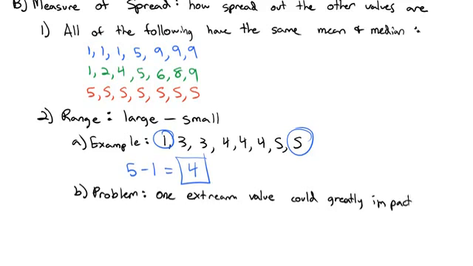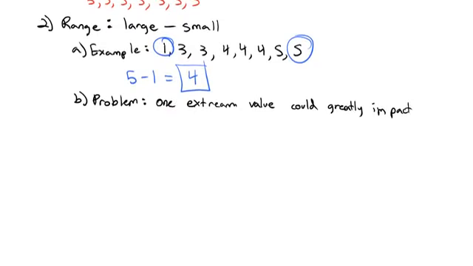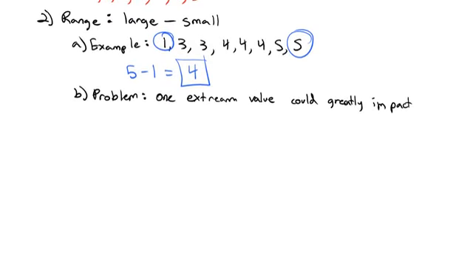For example, if there was also a 27 in this data set, 27 minus 1 would give 26. There's a large range between the numbers, when most of them are actually clustered quite closely together. So this is why we need a different, better measure of spread. And one measure that might be better is what we call the interquartile range.